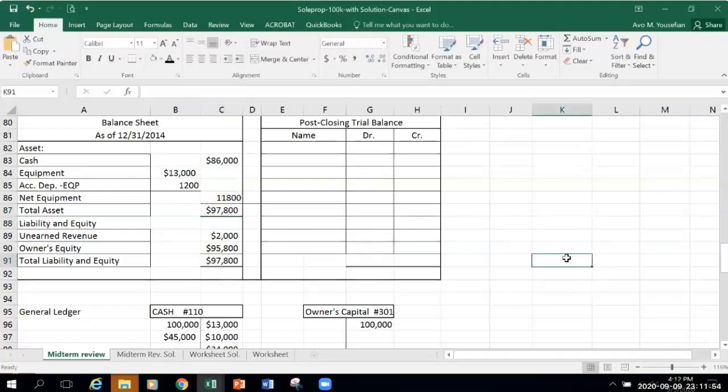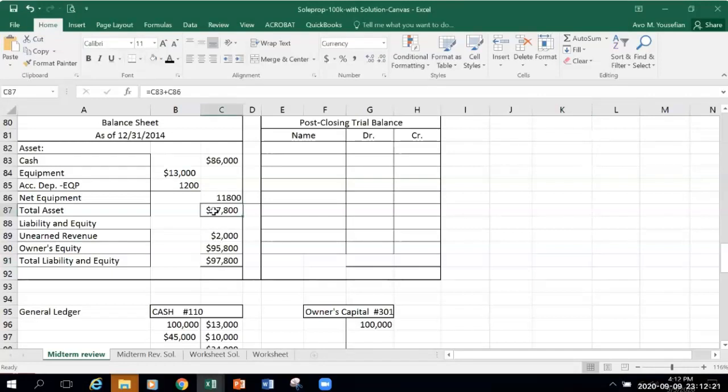Okay, now it's good. So my total asset is $86,000 cash plus equipment, which gives me $97,800 total asset. And my liability is 2,000 plus equity, 95,800. It gives me $97,800 total liability and equity.